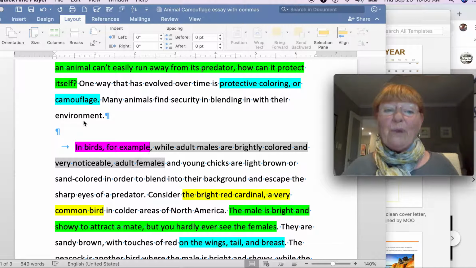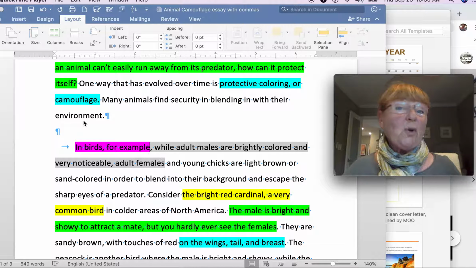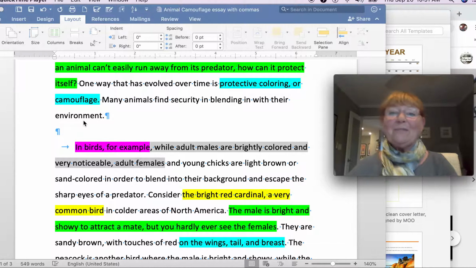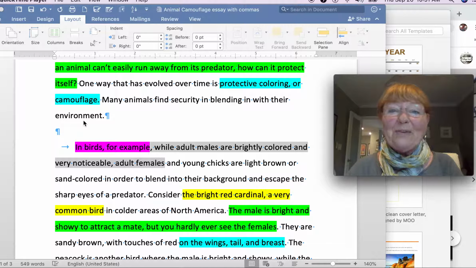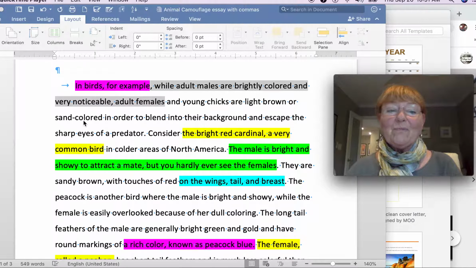So protective coloring, comma, or camouflage. If you get the question on a test, what does camouflage mean? It means protective coloring. That's a way of explaining what a word means by using a comma and saying or something or other.